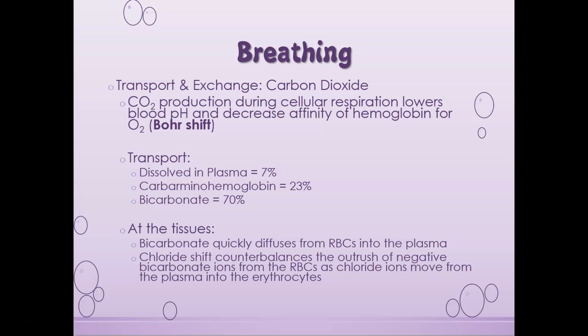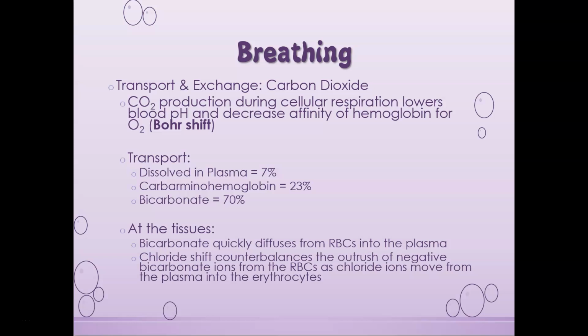So the more CO2 that I make, the lower my blood pH becomes, and so the binding of that oxygen to that hemoglobin is becoming more and more unstable, because hemoglobin's a protein, so we're shifting its structure because the pH is changing. We're sort of denaturing the protein without completely allowing it to fall apart. So at the tissues, we have to be able to allow that oxygen to get unloaded.